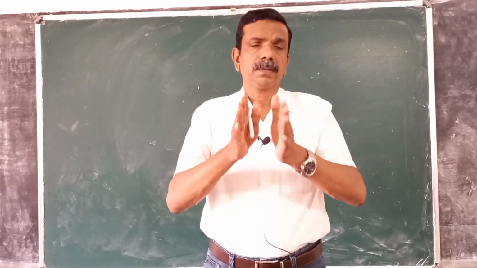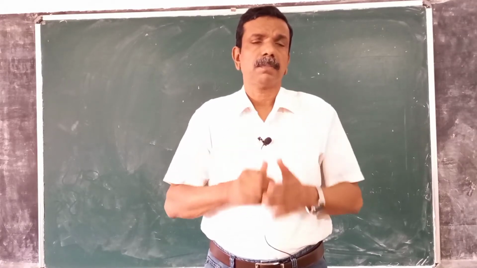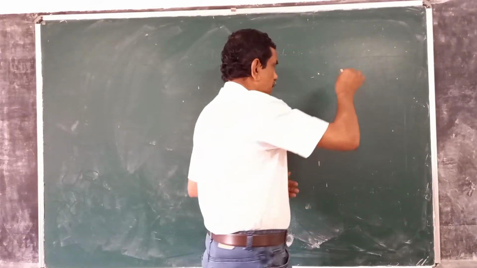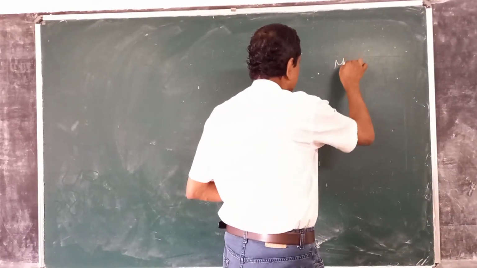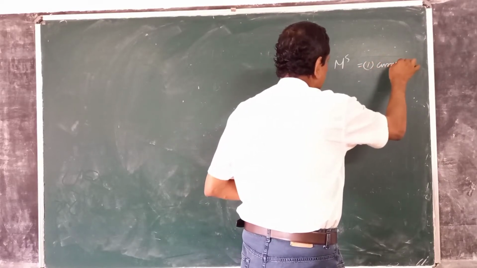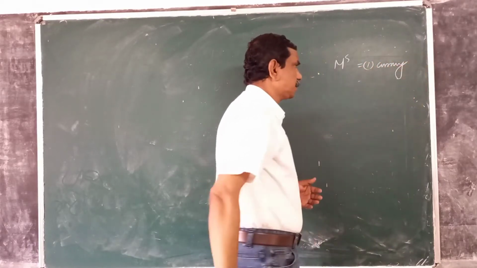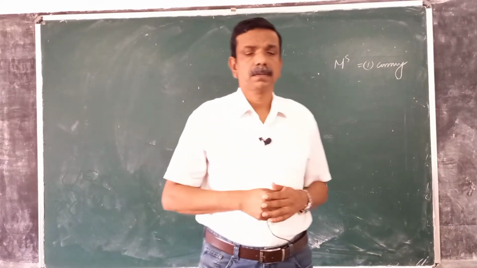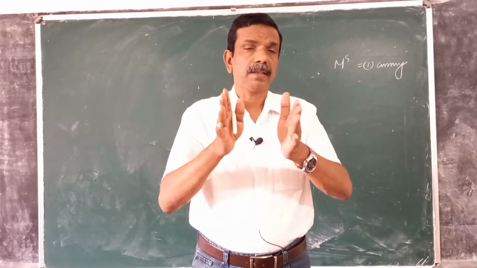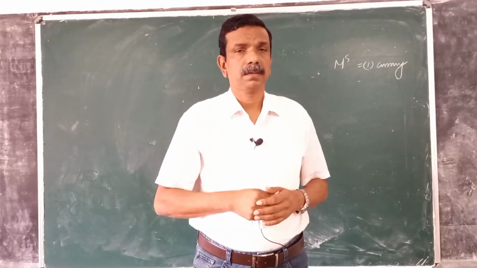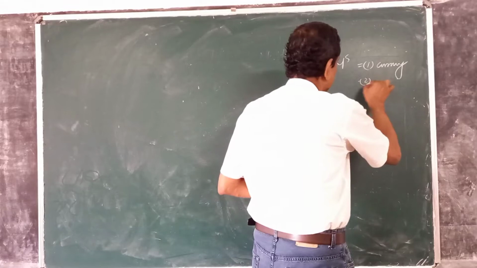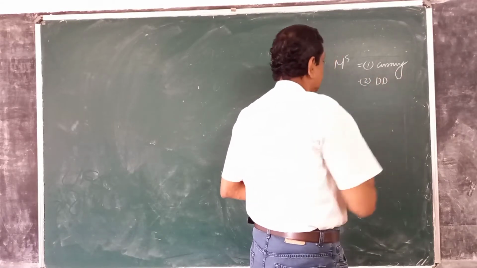Now, when we talk about money supply, it consists of, one, currency in the hands of the public. It also consists of the demand deposits of the public with the commercial banks.